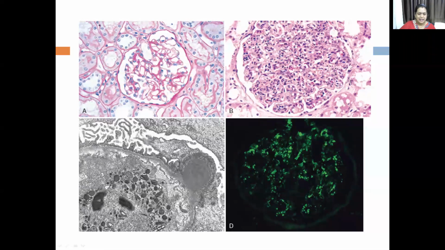Here this is an electron microscopy picture. You are seeing the visceral epithelial cells or podocytes, and this is the subepithelial hump that is seen in acute glomerulonephritis. And this is the granular staining which you can see as a result of the complement deposition.